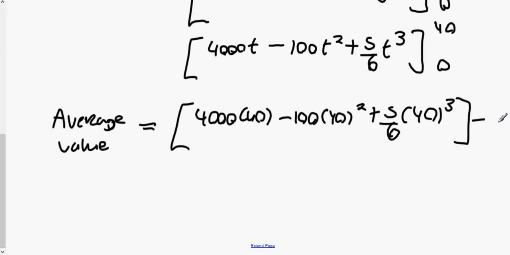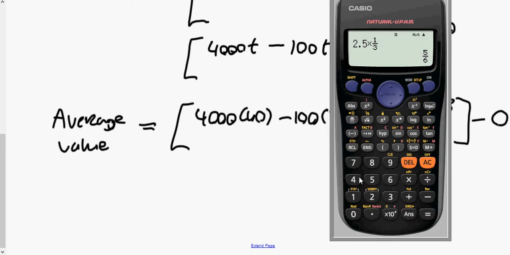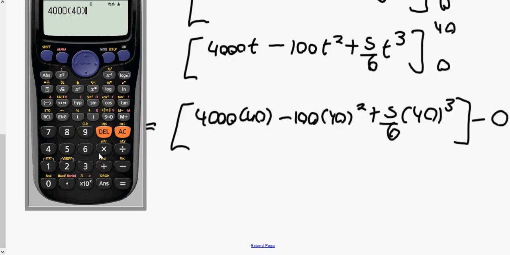It's all going to be minus 0 because there's a t in every one, so it's going to be 0 for the second part. So we're going to put this in the calculator, and we're going to take 4000 times 40, then take away 100 times 40 squared, then plus 5 over 6 multiplied by 40 cubed.